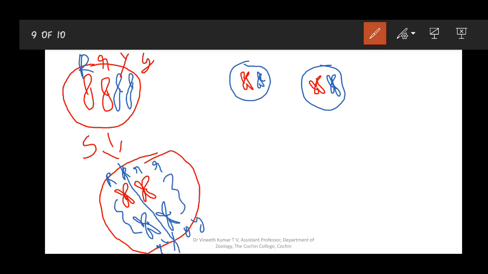As a result, one cell is now having capital R and a capital Y. The other cell is now having small r and small y. So this is one type of arrangement, and you can also have another type of arrangement.